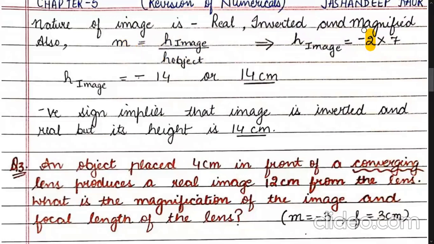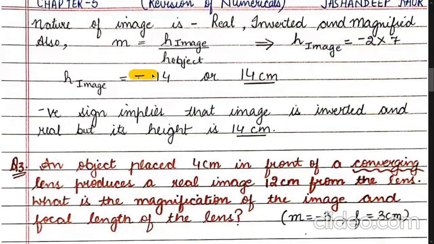Students, the value of magnification we have already calculated as -2, while height of object was given to be 7 centimeter. So the height of image will be -14, or we will not be writing negative since height cannot be negative. So I'll be writing it as +14 centimeter. Height of image is 14 centimeter.